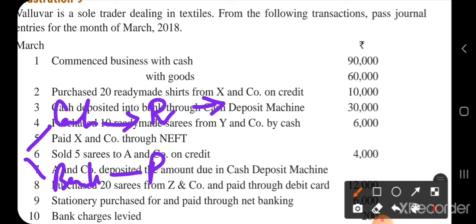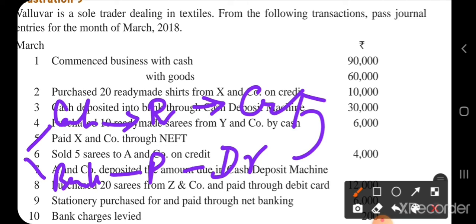Debit what comes in, credit what goes out. So here you credit cash, credit what goes out. And what is the rule for personal account? Debit the receiver, credit the giver. Here, who is the receiver? The cash is going into the bank. So debit the receiver, bank is the receiver. The entry will be bank account debtor to cash account.